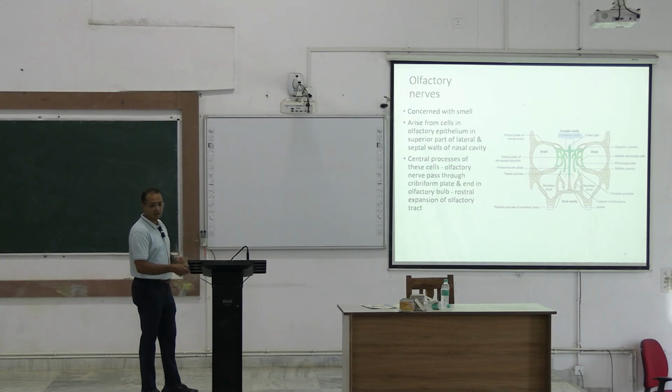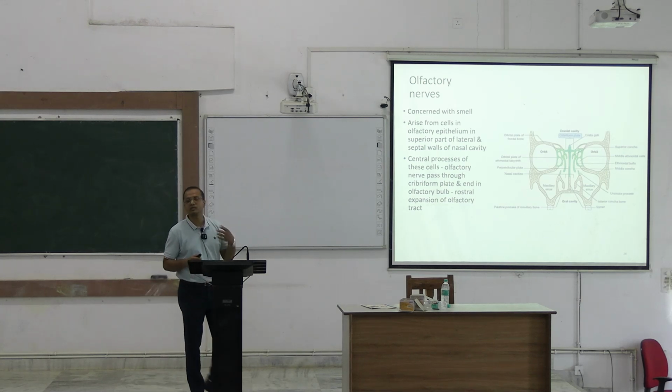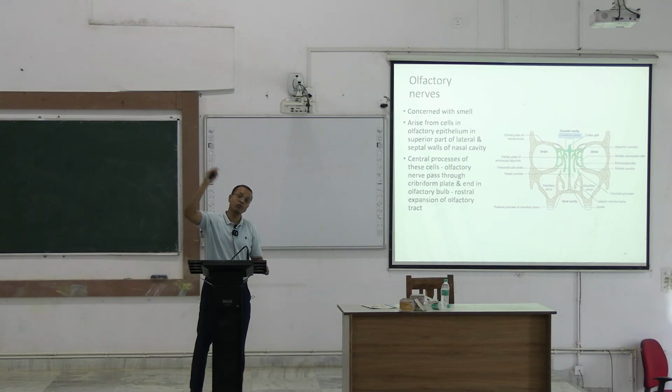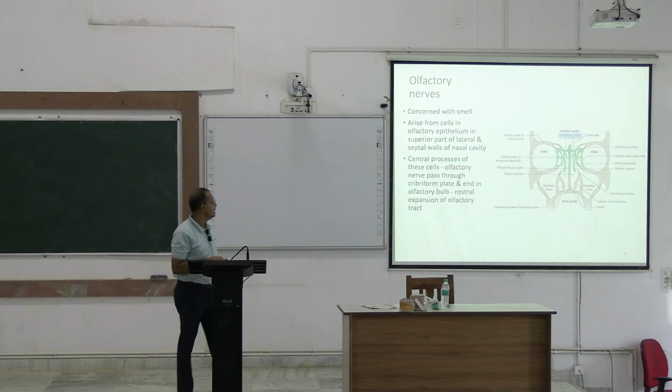Coming to the other nerve related to the nose, which is important for us clinically: the olfactory nerves, that means the special sense of olfaction, the smell sensation, which is carried through these nerves. Where do these nerves live? High up in the nasal cavity, in the roof. The roof region of the nasal cavity, which is formed by the frontal bone and the sphenoid bone, is lined by a particular mucosa.